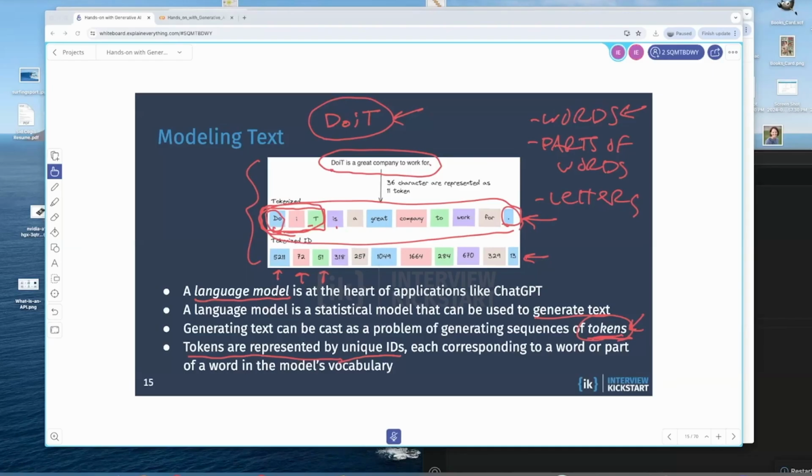I need to represent punctuation. I need to represent individual words. But then there are also situations where maybe you have compound words that aren't in your vocabulary and you don't see them very often, but you can extract something from the meaning of the individual parts that make up that compound word.